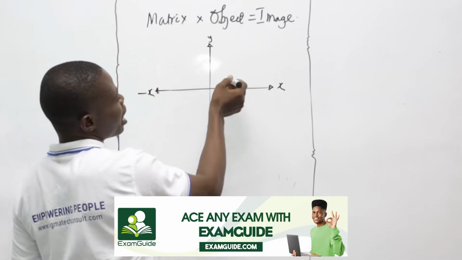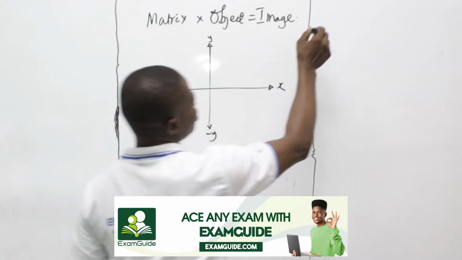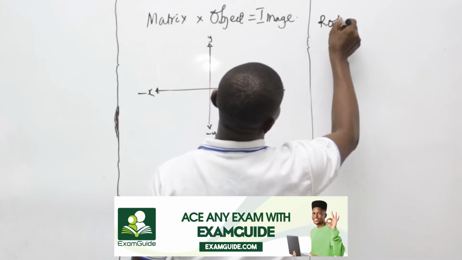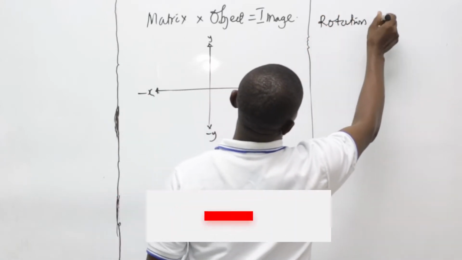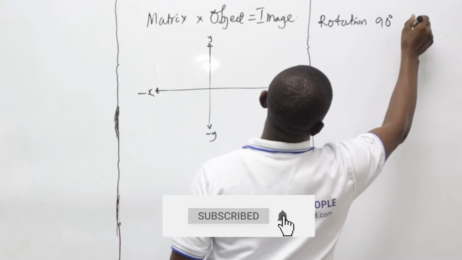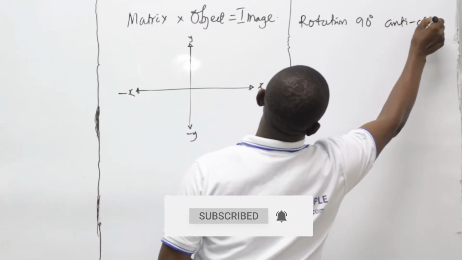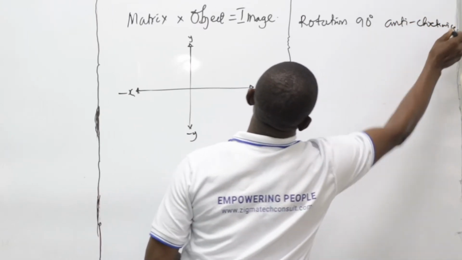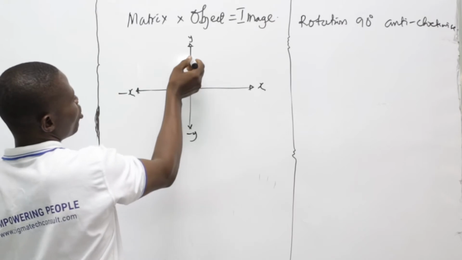Rotation, 90-degree anticlockwise simply means you are moving from here.